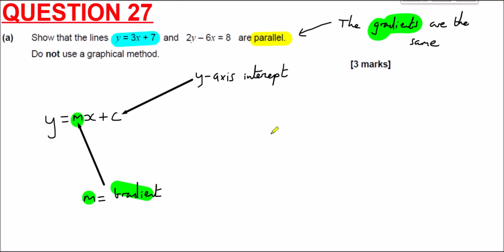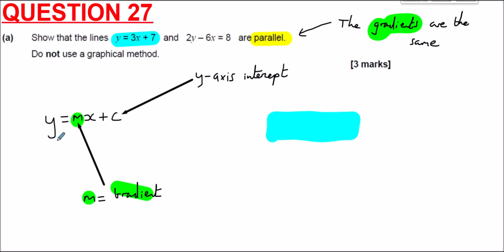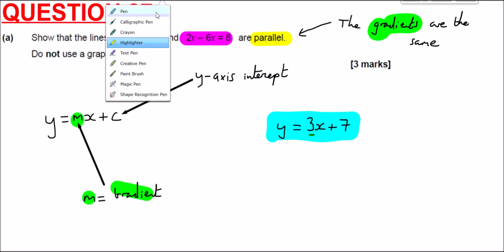And so the first one, y equals 3x plus 7, that's already in the form y equals mx plus c. So for that one, the gradient, the number in front of the x, is 3. For this second equation though, this needs rearranging.